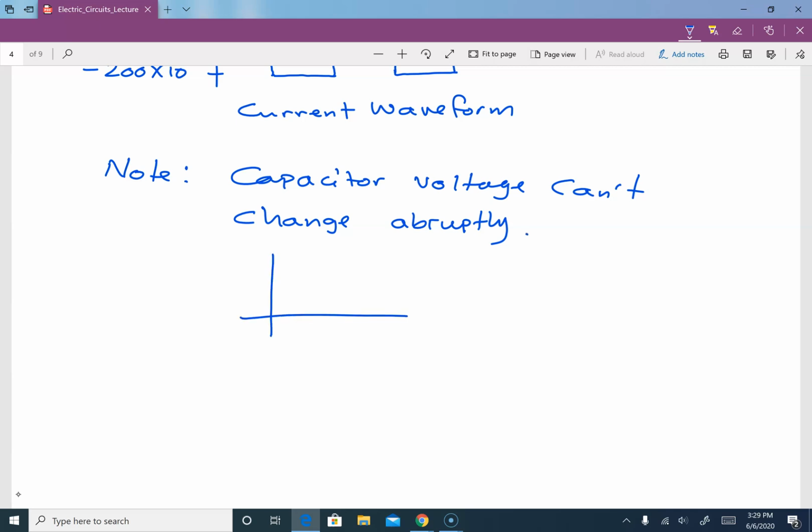So this here, it takes time to increase and it takes time to decrease. So this is okay. We cannot have something like this, because from this point to this point it decreases in no time, and that is not allowed. We are talking about the voltage, okay?